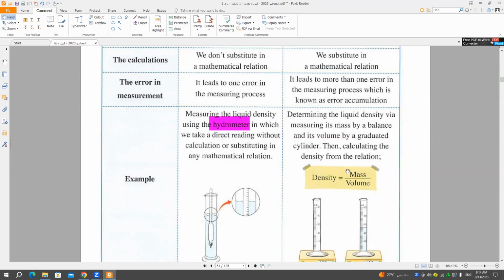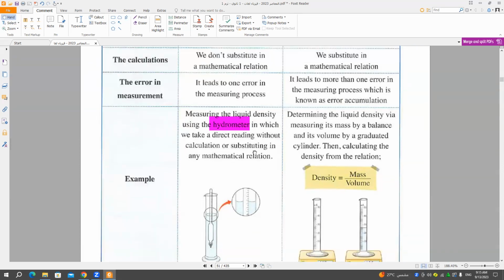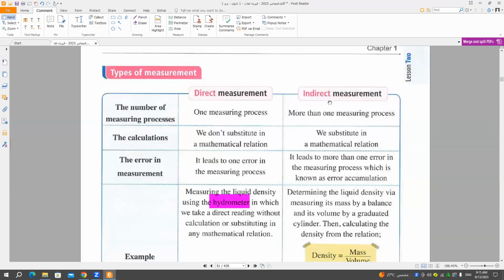So the probability of error in indirect measurement will be more than in direct measurement. Direct measurement leads to one error, maybe, and more than one error can happen in indirect measurement. So the types of measurement are direct and indirect.